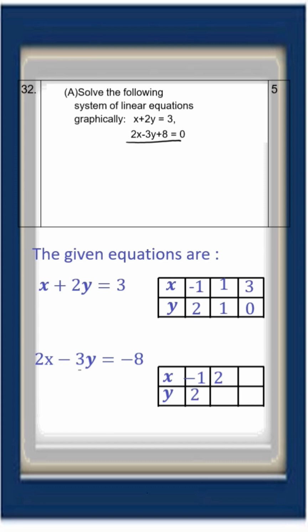If x is equal to 2, 2 into 2, 4. If we transpose 4 to that side, that becomes minus 12. Minus 3y is equal to minus 12. So y is equal to 4. If x is equal to minus 4, minus 4 into 2, minus 8. If we transpose minus 8 to that side, minus 3y is equal to 0. So y is equal to 0.